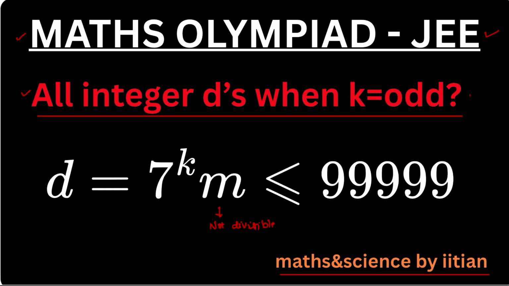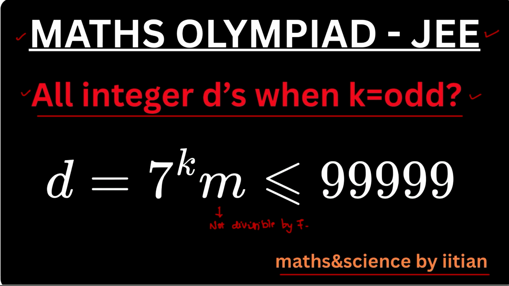Here we are speaking of k equal to odd. This is also a condition. Two conditions are there. One is that integer d should satisfy the condition 7 to the power of k into m, where m is not divisible by 7, and that integer should be less than or equal to 99,999.